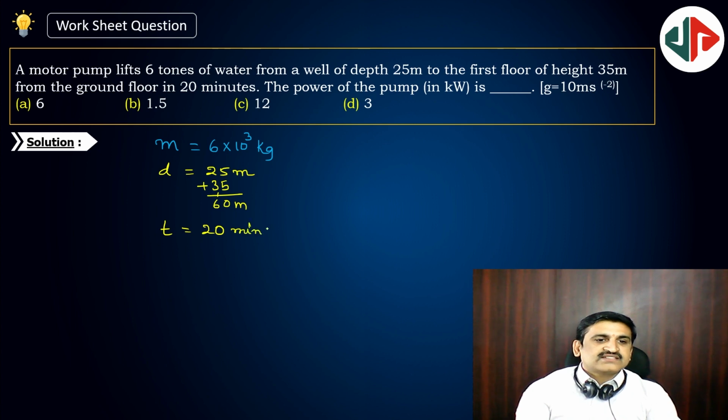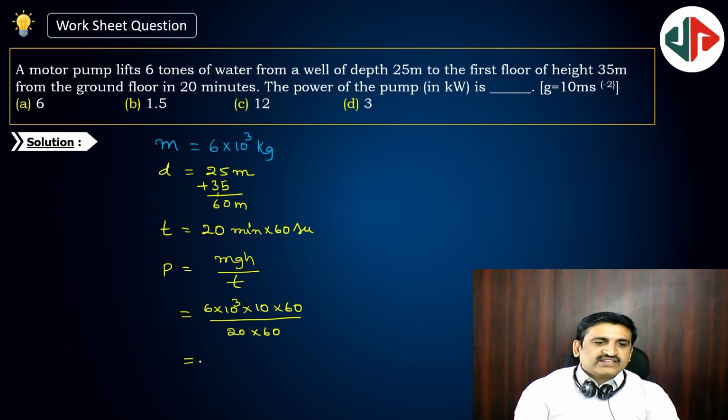20 minutes into 60. Whenever we notice another unit, we should immediately activate our brain: hey, this is not an SI unit. Then power is equal to mgh, work done by time. So m is 6 into 10 to the power of 3, into g 10, h 60, by time 20 into 60.